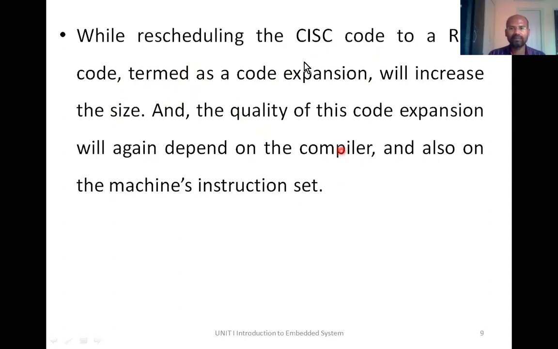Say there is a convolution or correlation program. If you implement the correlation program in CISC code, you will have 50 lines of code. If you write the same program in RISC, you will get more lines, maybe 150 lines or so. That means you need more memory to store the RISC program than the CISC code would take.